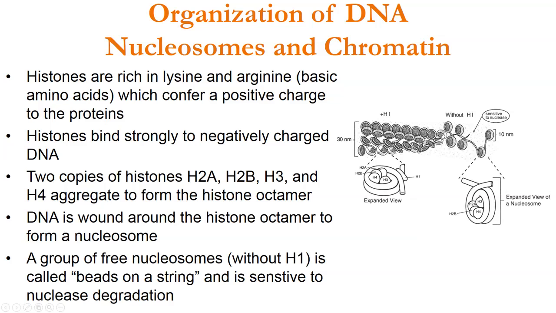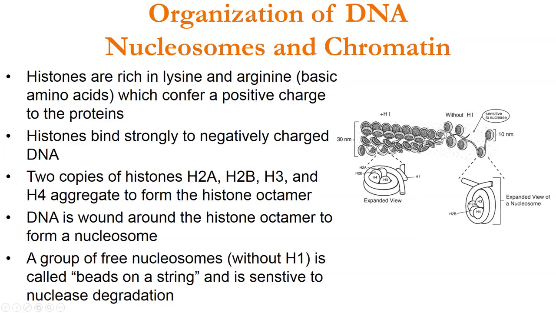Underneath there's an additional copy of each one of those. So you have that octamer, 2 copies of H2A, H2B, H3, and H4, and then you wrap the DNA around it. That's our first level of higher order structure of DNA in the nucleus in eukaryotes.